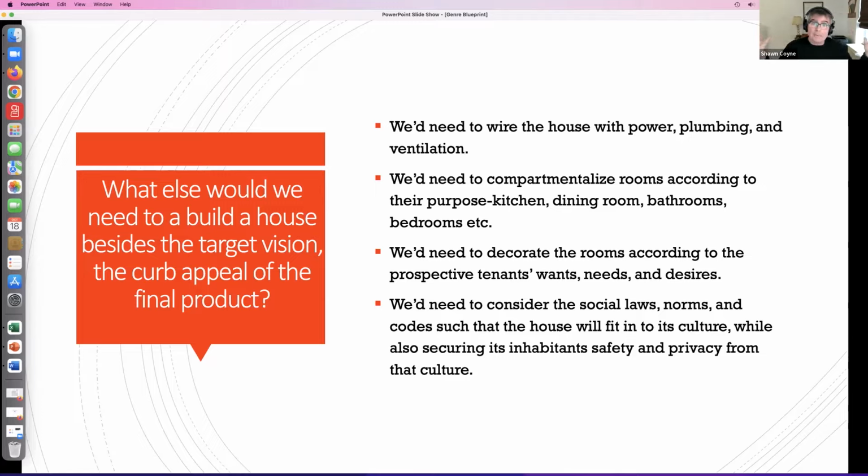You don't want to build a McMansion right next to a series of row houses. Why? Because you're not going to fit into the neighborhood. Everyone's going to say, what's with the jerk with the McMansion? We all have modest middle-level houses here. Why is this person showing off? It's not fitting into the neighborhood. All right, cool. So these are the things you have to think about when you're creating a building.